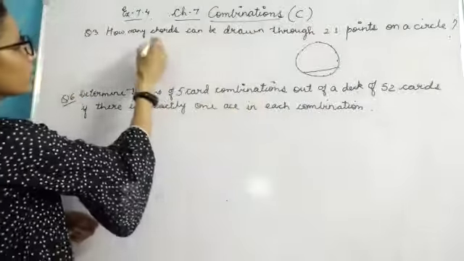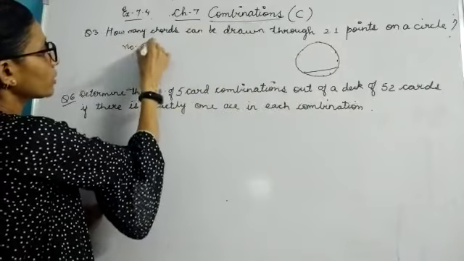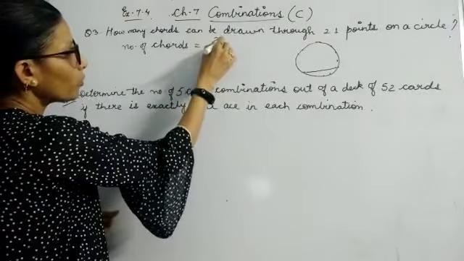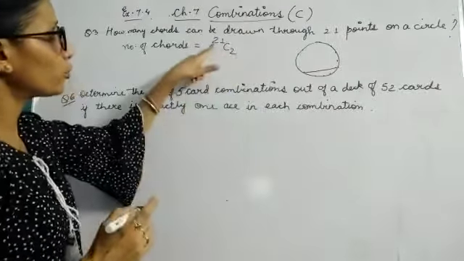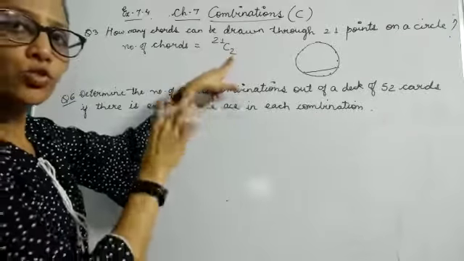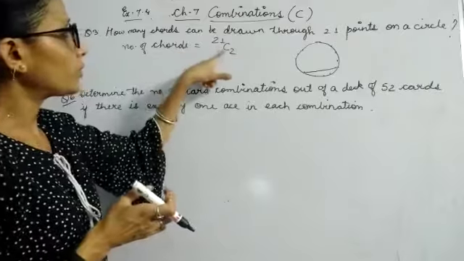That means the total number of chords that can be drawn is equal to 21C2. That means you have 21 objects and you are selecting any 2 points to draw the chord. So the number of chords will be 21C2.